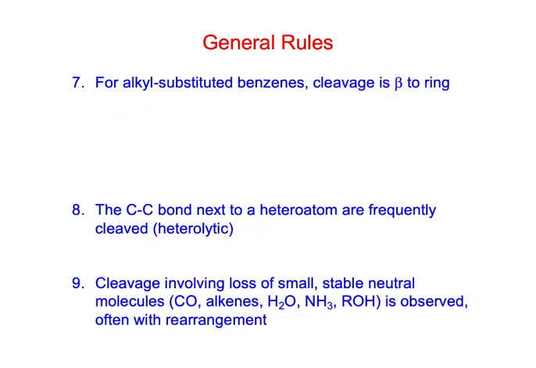Okay, just a couple more here for alkyl substituted benzenes. The cleavage, this is in blue, is usually, I guess, well, beta. I don't know if that's the right terminology there or not.